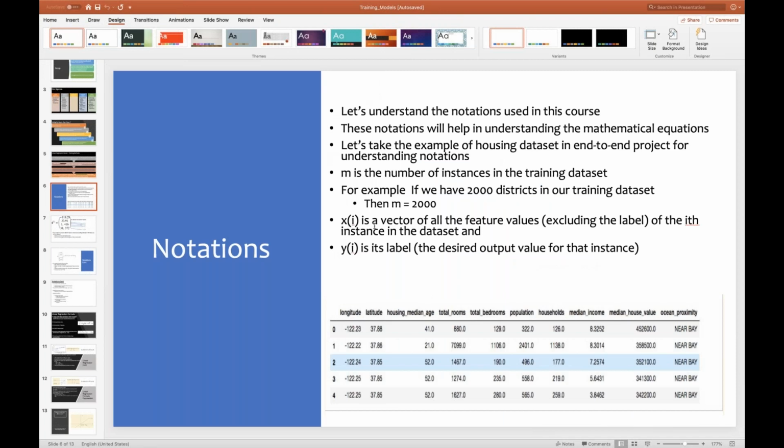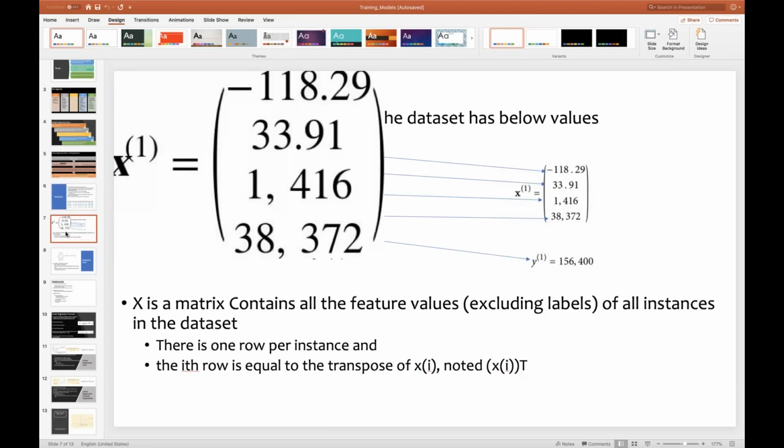Now, you understood x of I. Let's say we are talking about the first instance, so I put x of 1. Now, this is a vector of all feature values. So what are all the feature values? These are all the feature values: minus 118, 33.91, 1416, and 38,372. Okay, perfect.